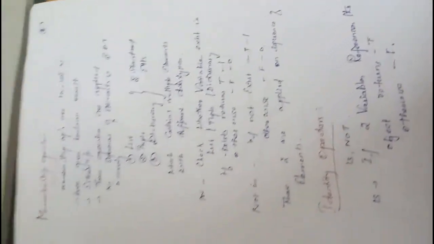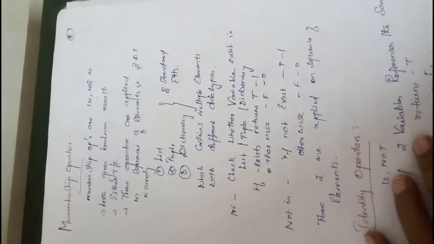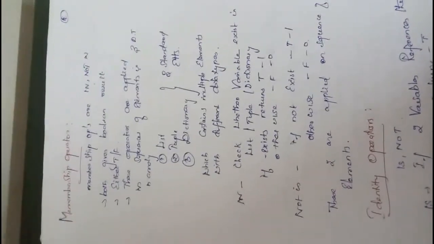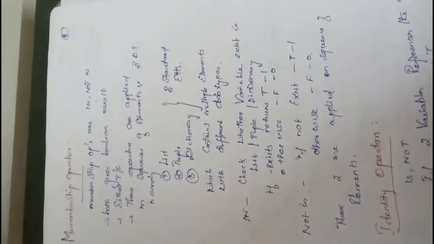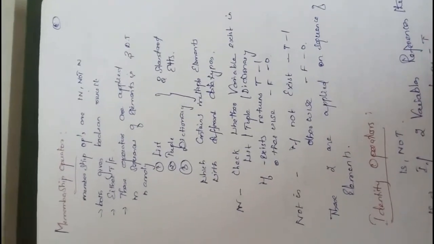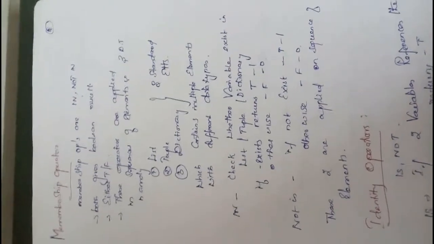So next one is membership operators. This is a new operator that we are using in Python programming. So membership operators are in and not in. Both give a Boolean result, either true or false. These operators are applied on sequences of elements in 3 data types, that is list, tuple, and dictionary.